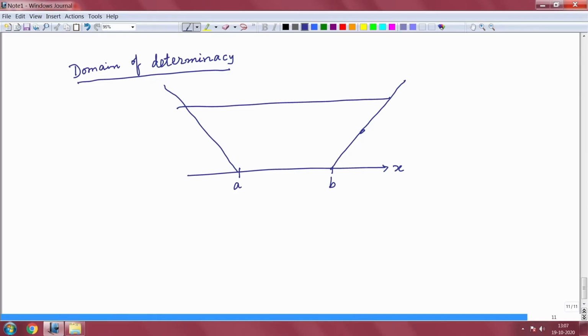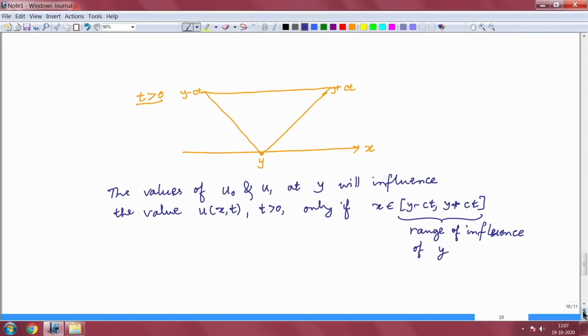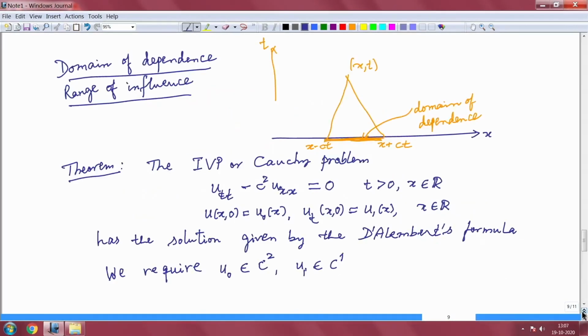Before we go further, let me make one comment. Again, let me stress that in order to get a C2 solution of the wave equation, we need to assume that u0 is a C2 function and u1 is a C1 function.